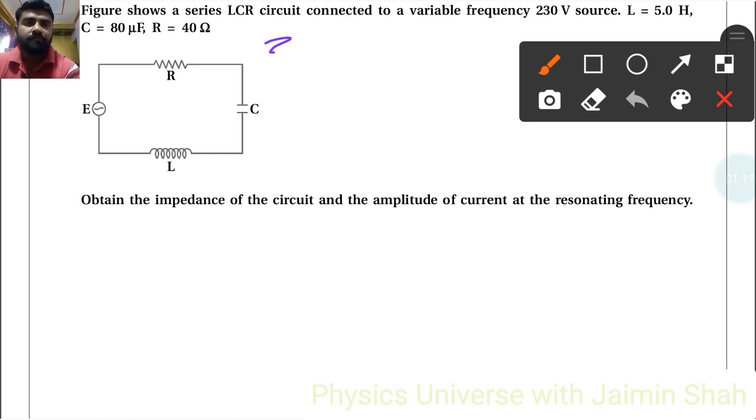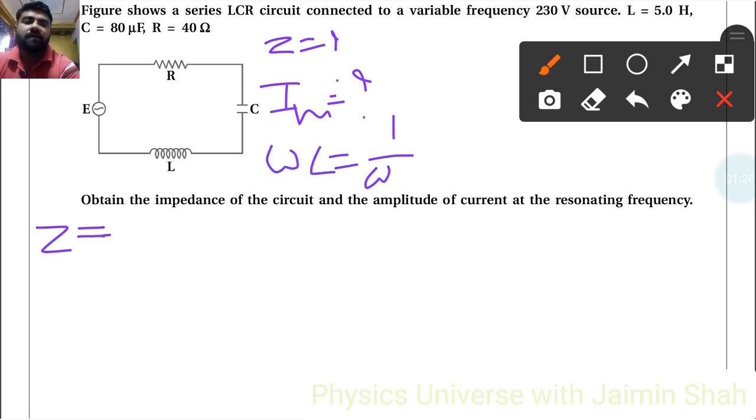So impedance Z, and amplitude of the current, which means the peak Im, at the resonant frequency. At the time of resonance, omega L is equal to 1 upon omega C. So in that equation we are only left with R, so impedance will become resistance.